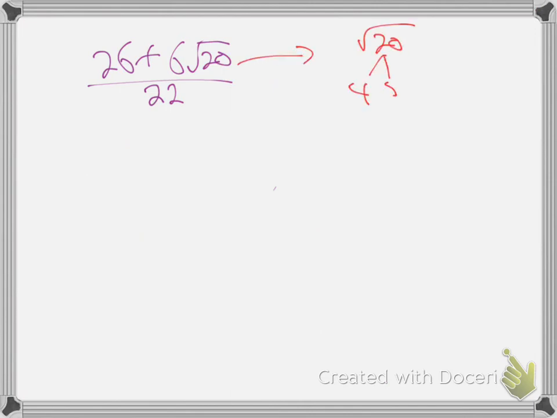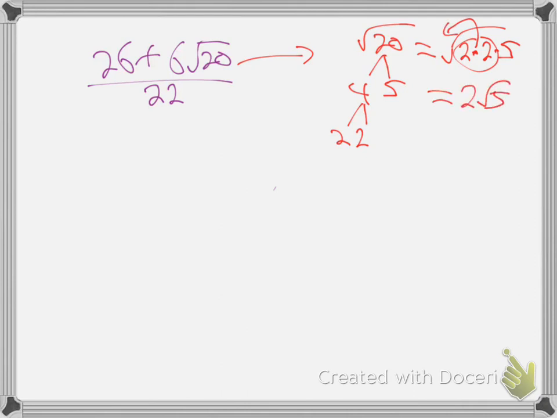We have to go further with him. He's 4 times 5, 2 times 2. So the square root of 20 is 2 2 5, 4 times 5. 2 2's in, 1 2 out. So he's 2 root 5, isn't he? So this becomes 26 plus, oh, I'm sorry, I forgot the 6 in the front. So 6 root 20.